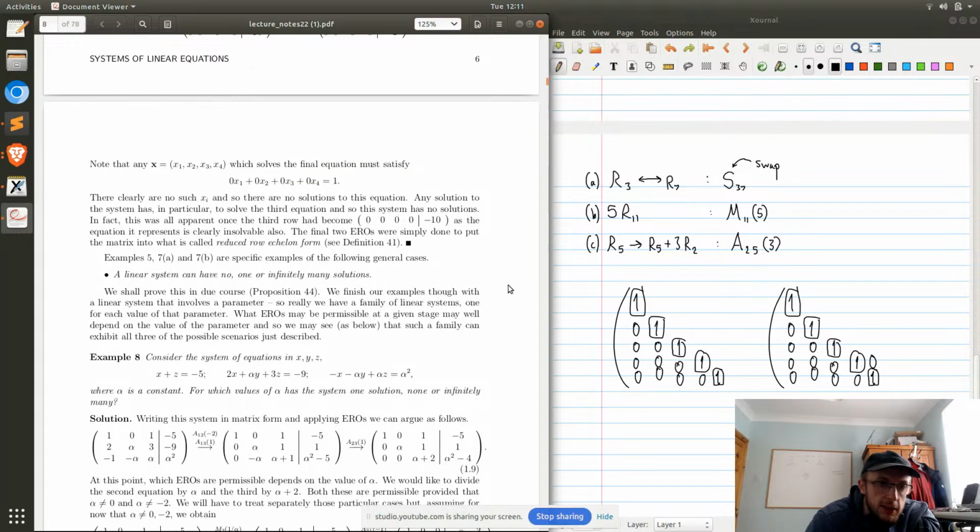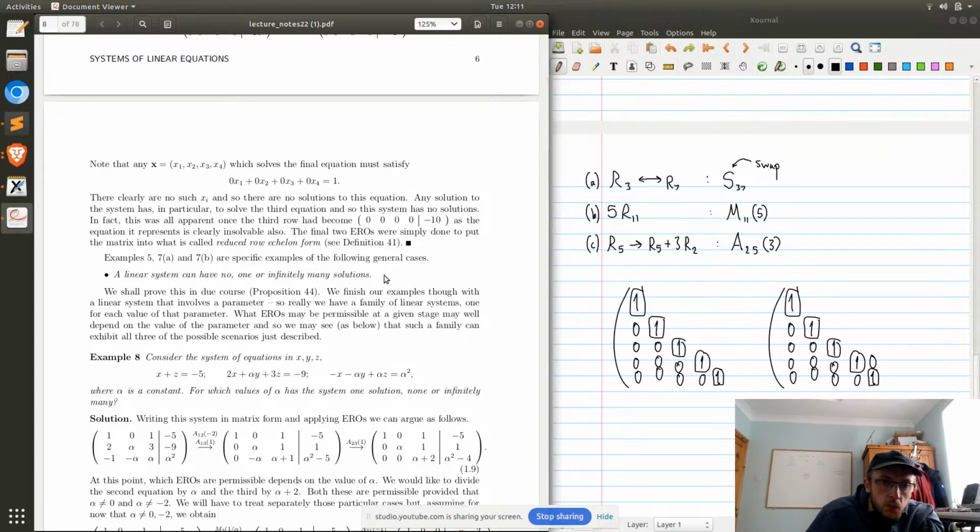Okay, so we've seen a linear system can have no, one, or infinitely many solutions. We shall prove this in due course. We finish our example, though, with a linear system that involves a parameter.